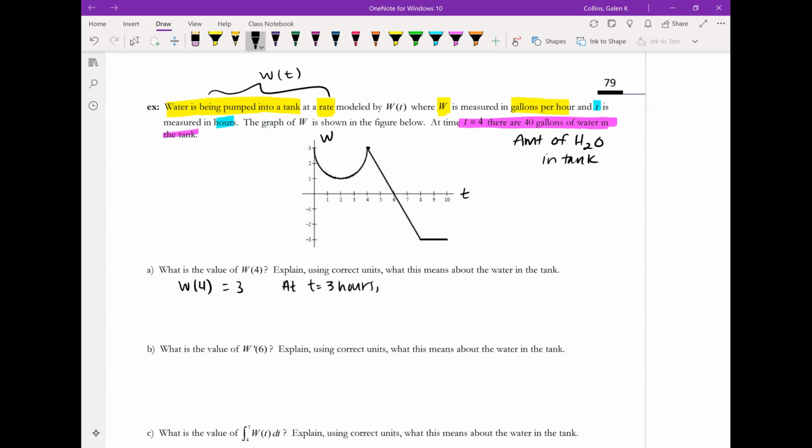So at T equals 3 hours, the rate at which water is being pumped into the tank is 3, and then we've got to use our units, gallons per hour.